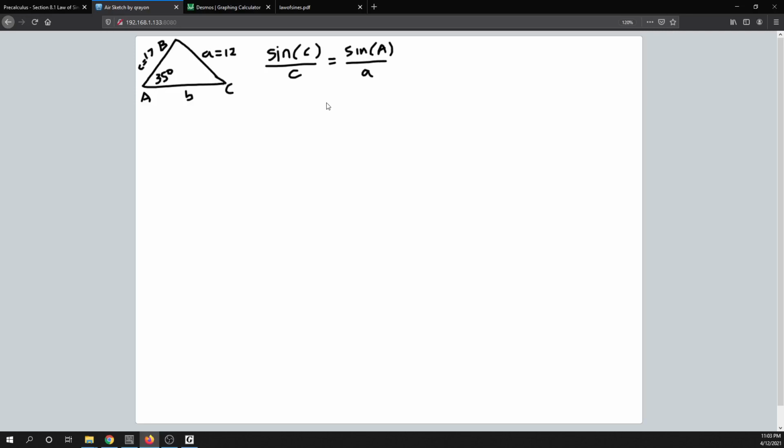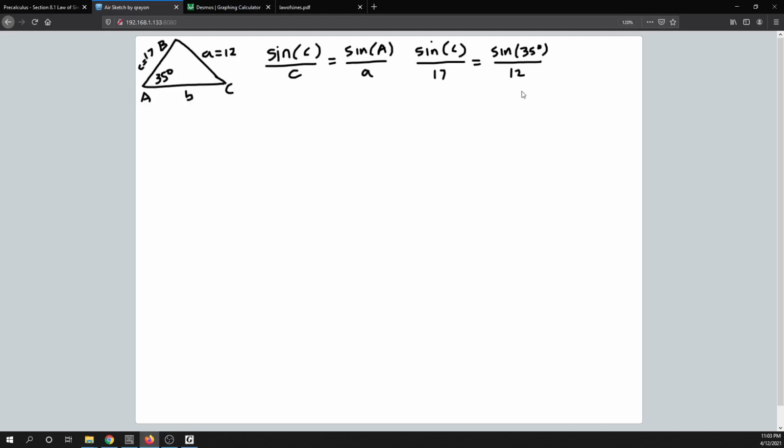We don't know the angle C, but we do know that side C is 17. And we know that angle A is 35 degrees. We know that side A is 12 units.